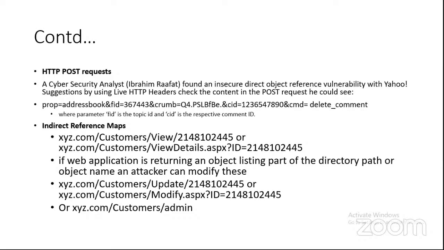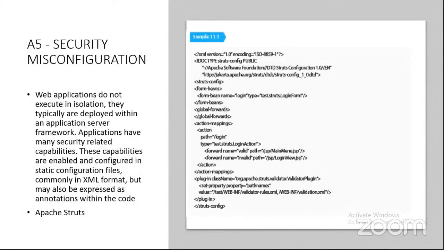Now, a cybersecurity analyst was able to get past Yahoo by changing the header. He took a post request and made one change in, I think, the FID or something like that, and then he was able to start accessing data, and you don't want that. So that is the fourth one.